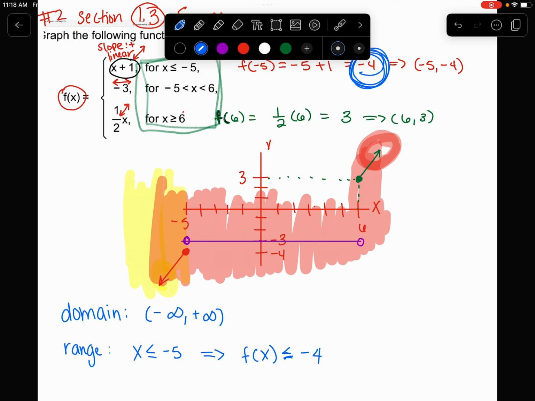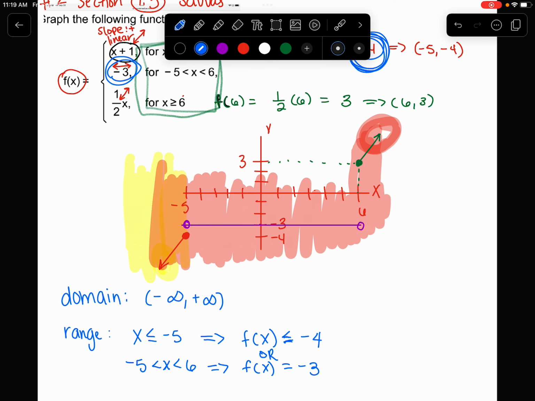And then the next one is f of x, which is -5 less than x less than 6, which is just f of x equals -3.